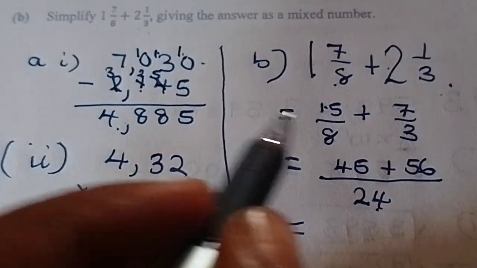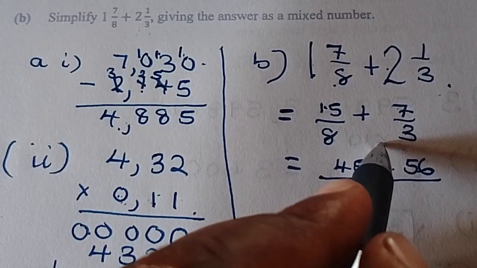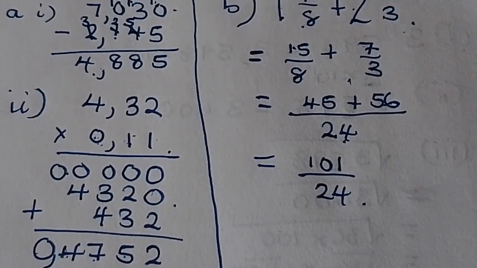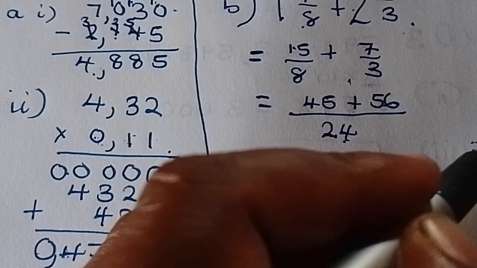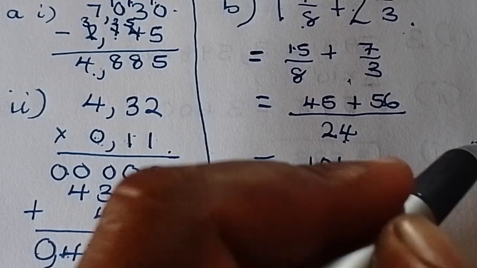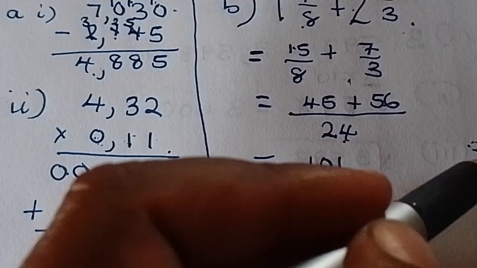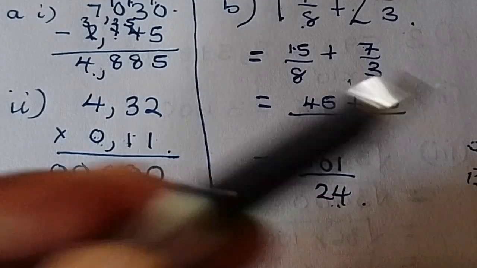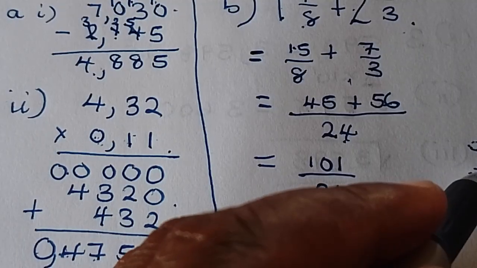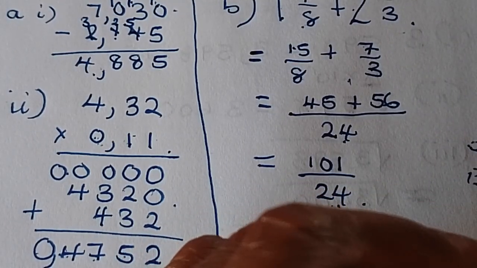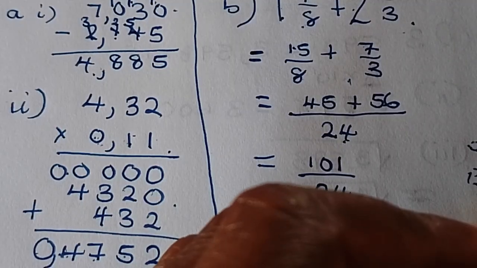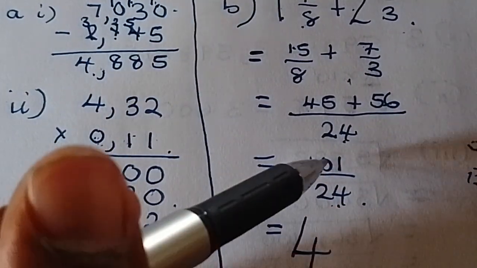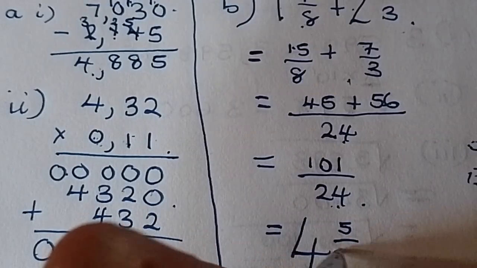Then we add 45 plus 56, which is 101 over 24. 24 times 4 is 96, and from 96 to 101 we have 5 out of 24.